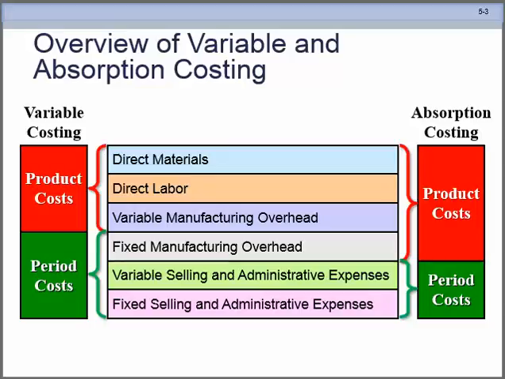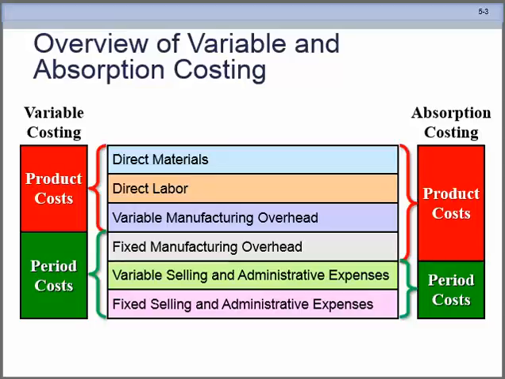Okay, fixed manufacturing overhead, and both variable and fixed selling and administrative expenses, are treated as period costs under variable costing. The only difference between variable and absorption costing is how the two methods treat fixed manufacturing overhead costs.